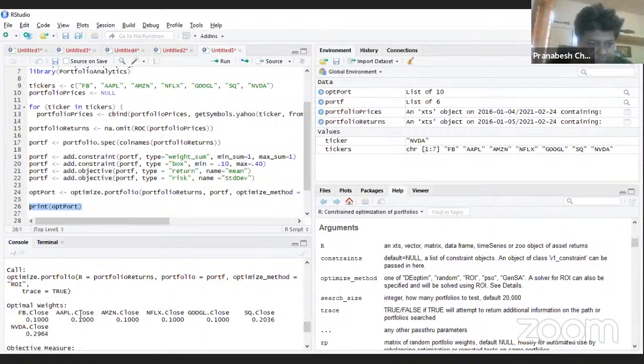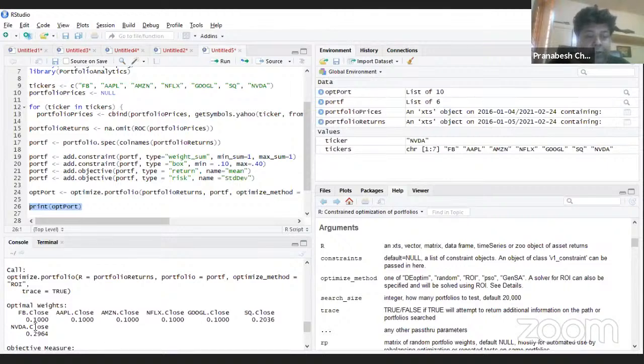Interestingly, for Facebook, Apple, Amazon, Netflix, and Google, it has assigned a weight of 0.1. For SQ and NVIDIA, it has assigned a weight of 0.2036 and 0.2964, approximately 30%, and 20% is approximately for this. Overall, others have been assigned 10% each.